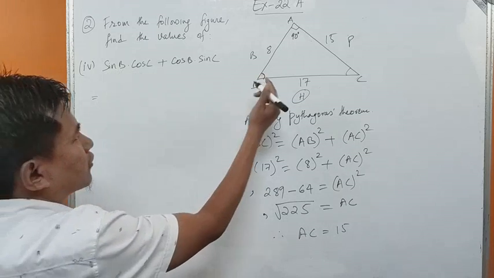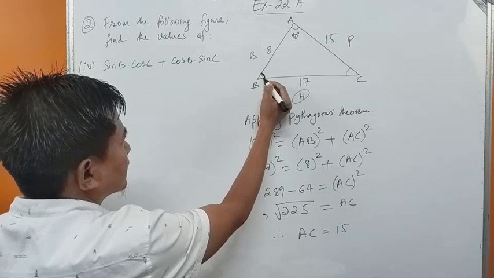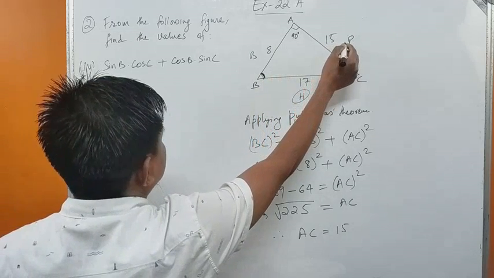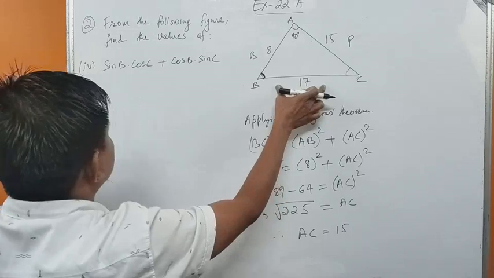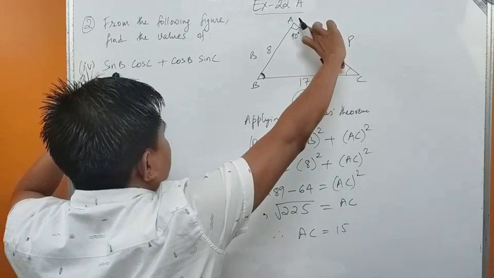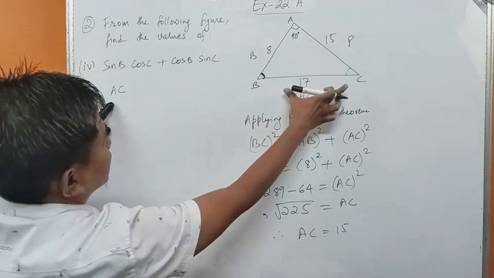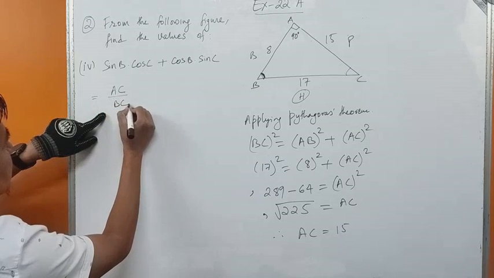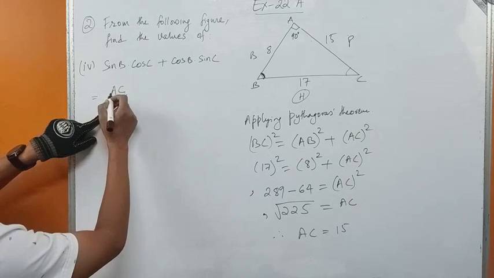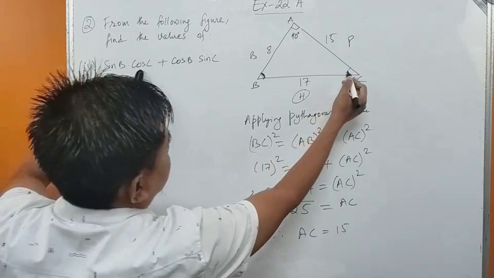So sin B, we are talking about this angle. In this case, perpendicular becomes this, because this is base and this is hypotenuse. So sin B means perpendicular AC and hypotenuse BC, into cos C. Now we are talking about this angle.